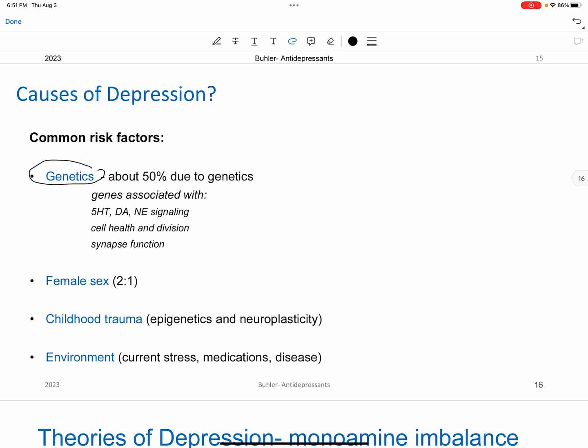One of the things I alluded to was that when researchers look at the genes in families where multiple people have major depression and multiple people don't, they get DNA from all of them and see what's in common with the people that have depression. They find a lot of different kinds of genes, but they all seem to come in to monoamine signaling, to function of synapses, and to general health of cells and division of cells.